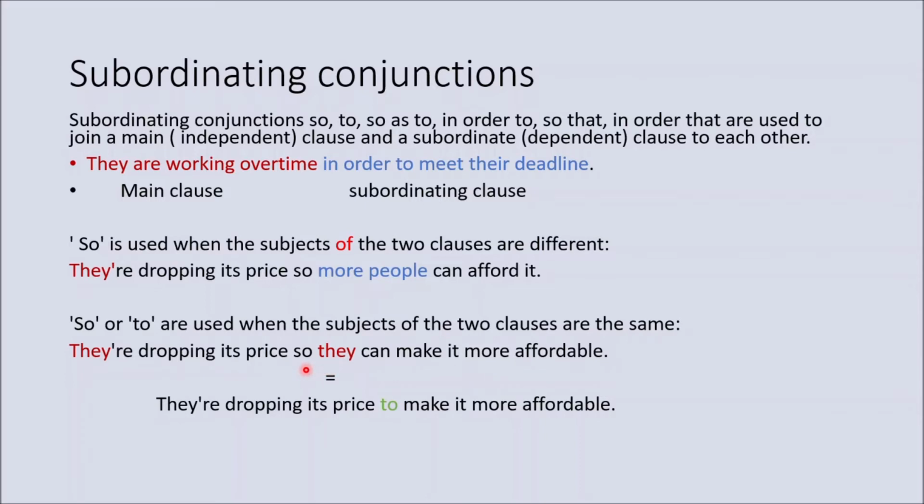They're dropping its price, so they can make it more affordable. We can tell the same thing using to as a conjunction here. They're dropping its price. Why? To make it more affordable. So this is the reason they're dropping its price. The purpose.